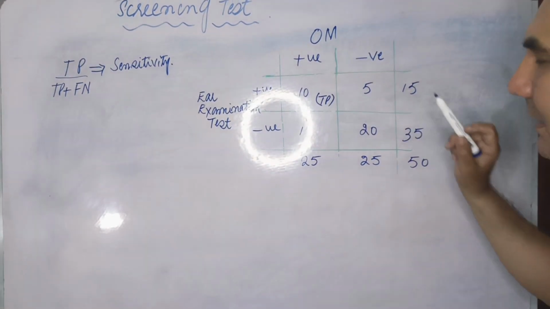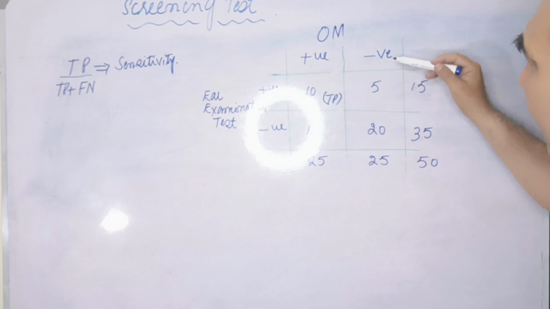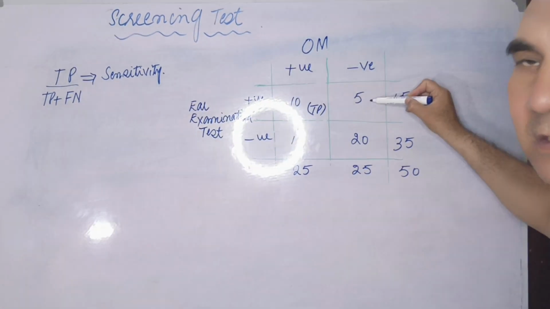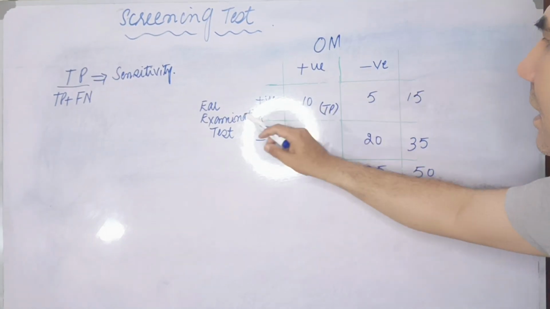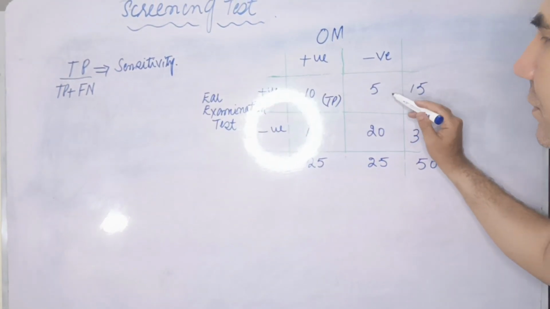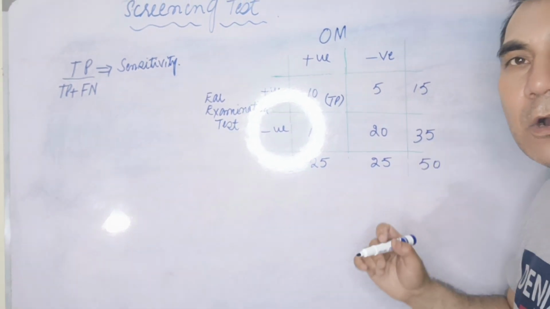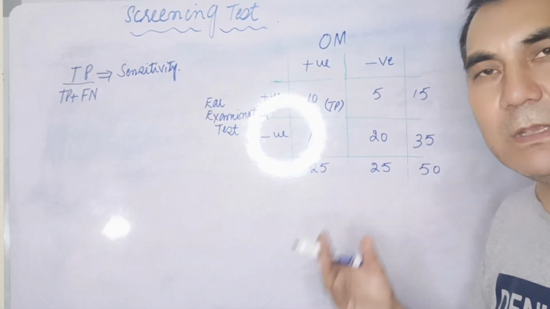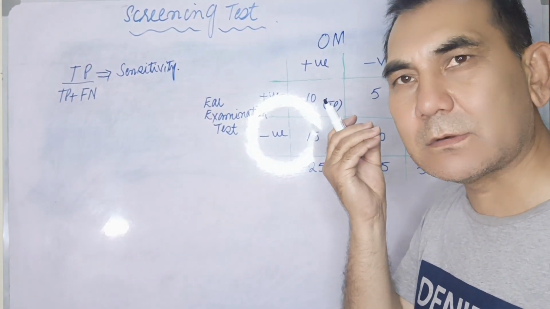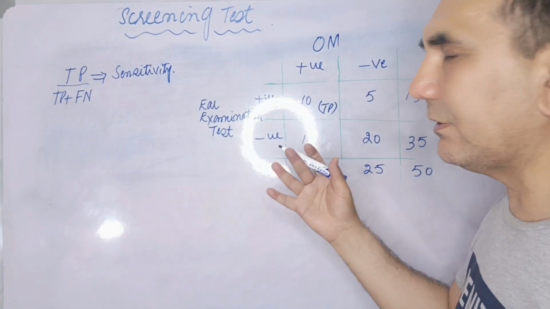Now cell B. Here the signs and symptoms of the disease are not present, it is negative, but on the ear examination by the pediatrician the disease is found, it is positive. That means he found redness in the eardrum and discharge on the ear examination.